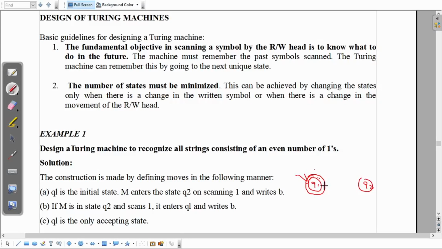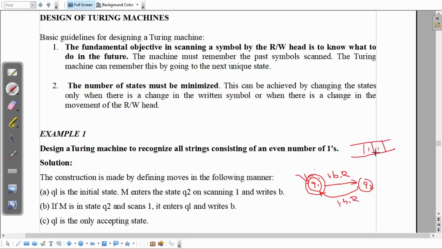Whenever you get a one, it needs to be replaced by blank and you go to the next character. After reaching the Q2 state, if you get a one, you come back to the even count state, that is Q1. Again that one needs to be replaced by B. So why am I changing every one on the tape?